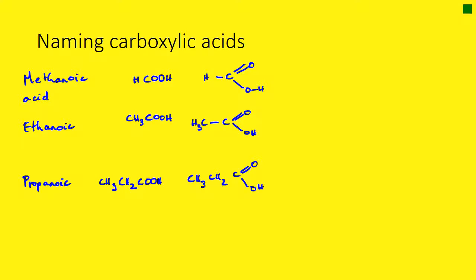Butanoic acid follows the same pattern, so let's not do it. But what I will say is that when you're naming, the number one carbon is the carbon that is involved in the functional group, then the alpha carbon would be number 2, and that would be the number 3 carbon there.